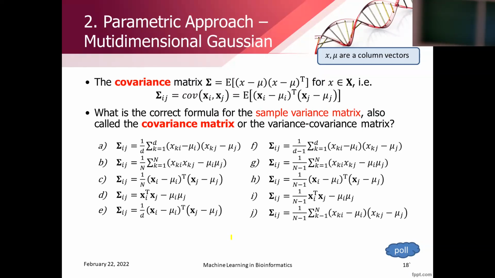Maybe many of the formulas can be ruled out very quickly. So in the formula, mu I is the mean or average for the respective column of the matrix.